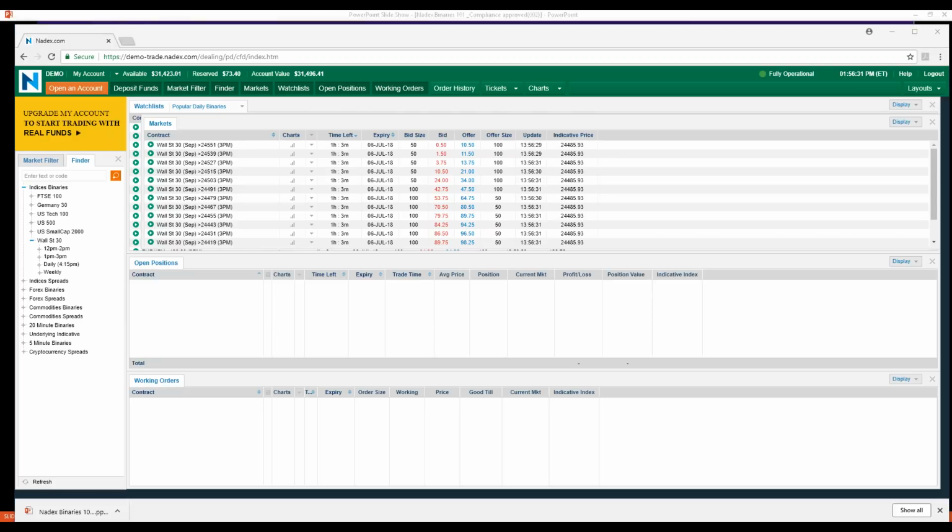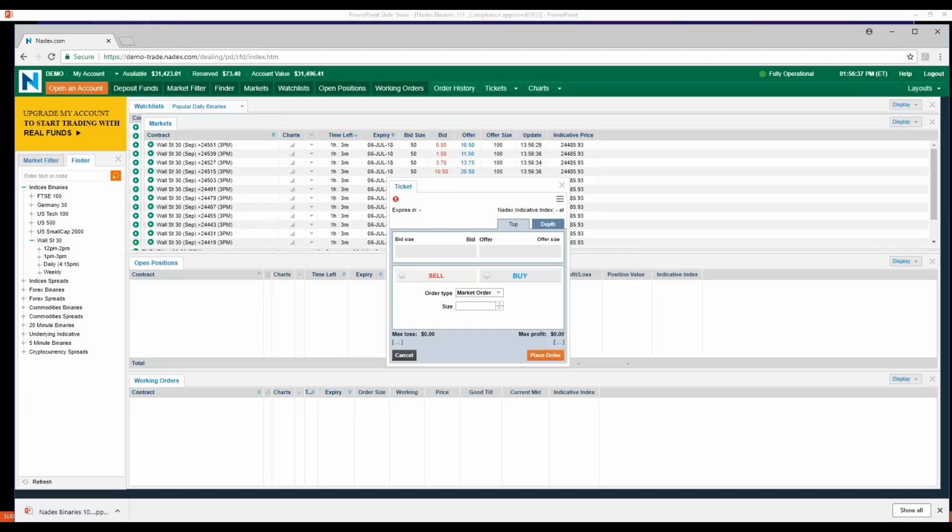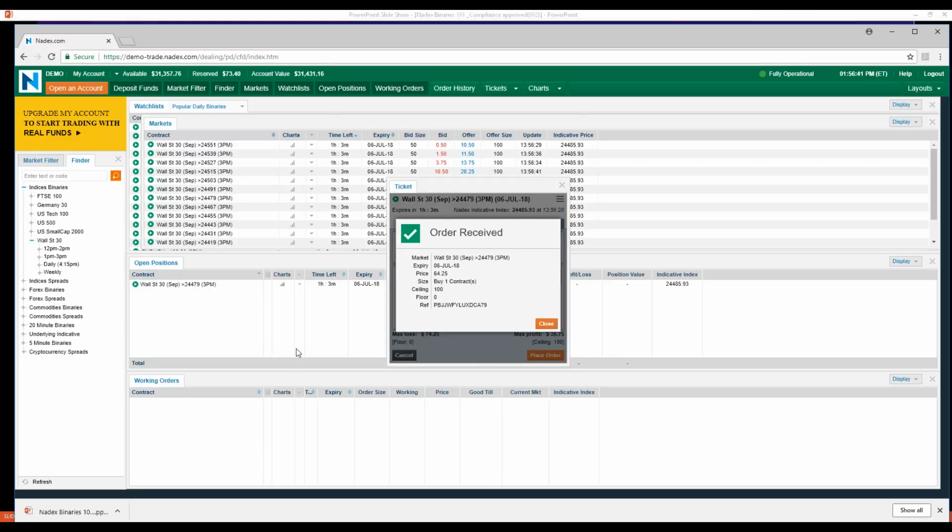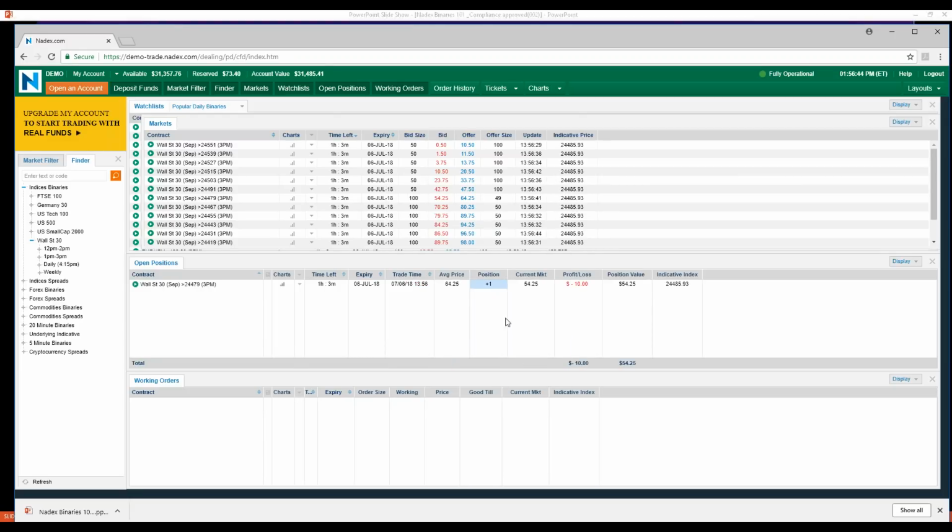Keep an eye on that. All right, so 423.01. I'm going to go buy this contract right here real quick in my demo account. Okay. Boom. What happened to my balance? Went down. Why? Because I bought this contract for 64.25.